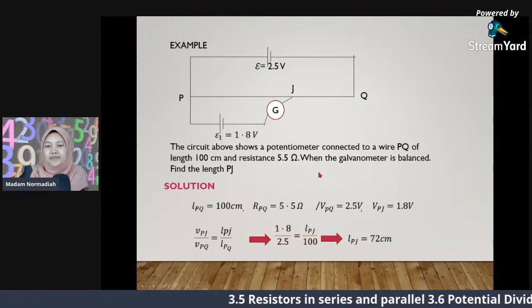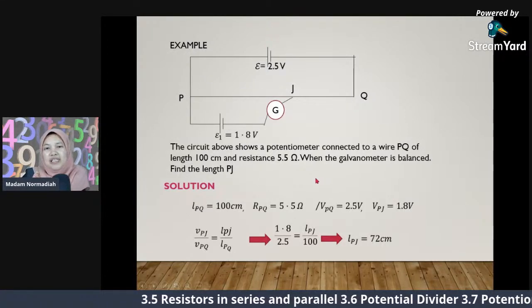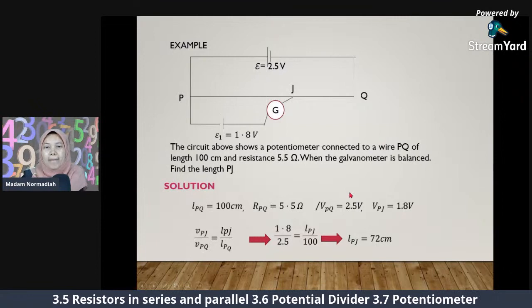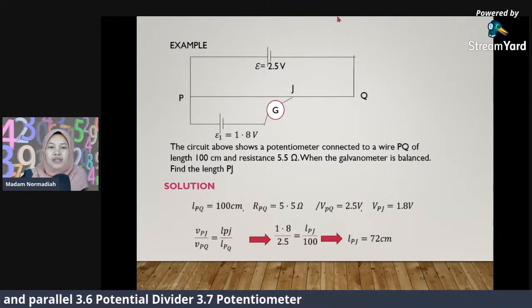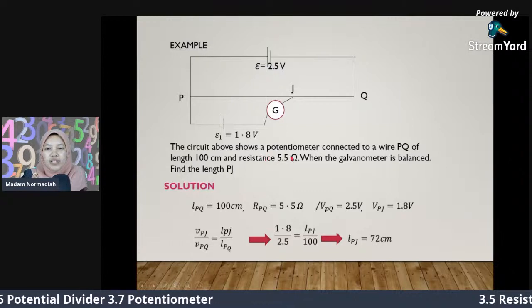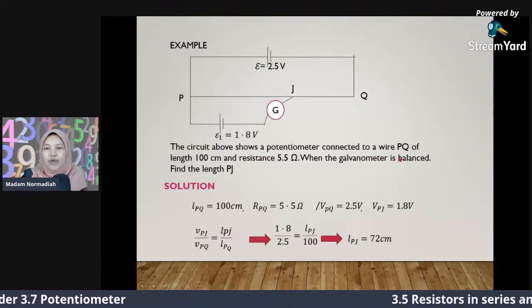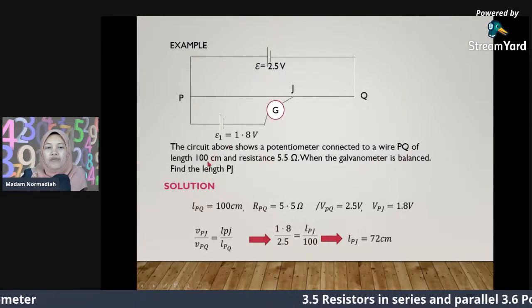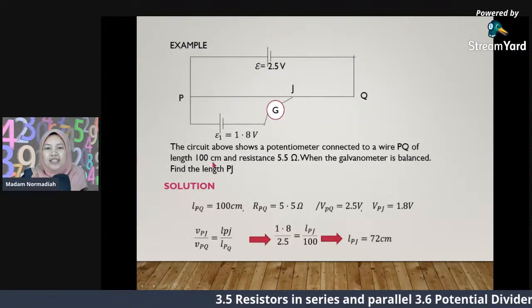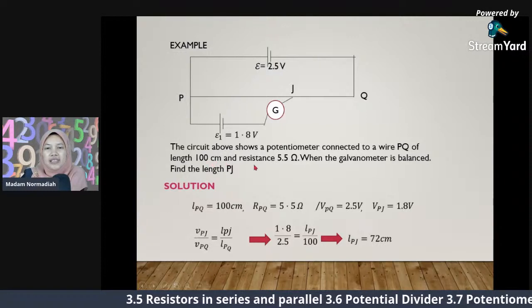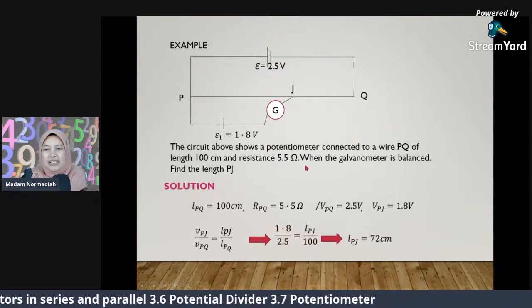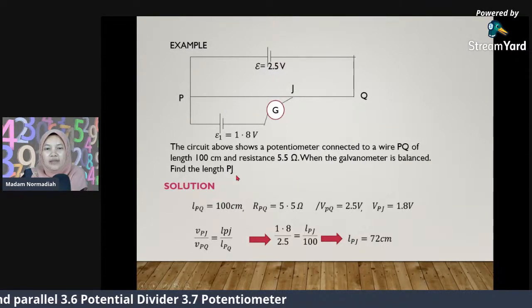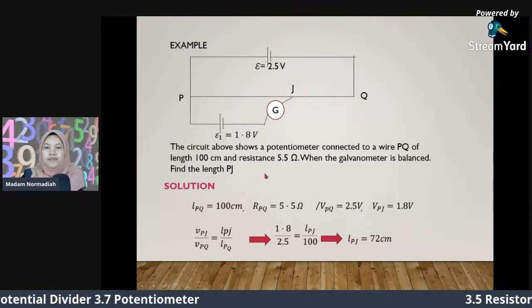Okay, sorry. We proceed with an example for the potentiometer. The circuit above shows a potentiometer connected to a wire PQ of length 100 centimeter and resistance 5.5 ohm. When the galvanometer is balanced, find the length PJ.